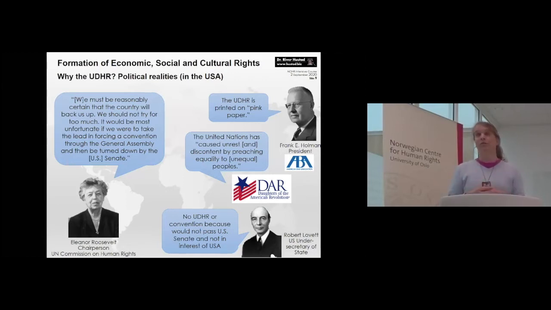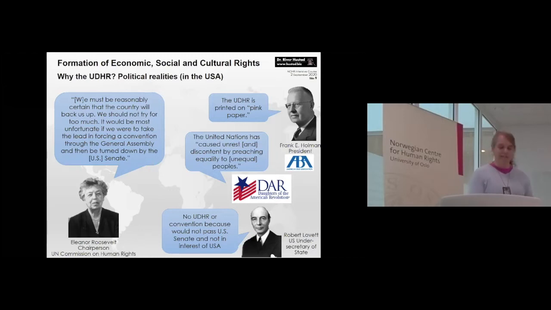That goes back to the civil rights movement and not wanting to give minorities in the US equal rights. And then the other aspect was that there was a belief that economic rights were communist rights. So the president of the American Bar Association at the time was saying that the UDHR was printed on pink paper.